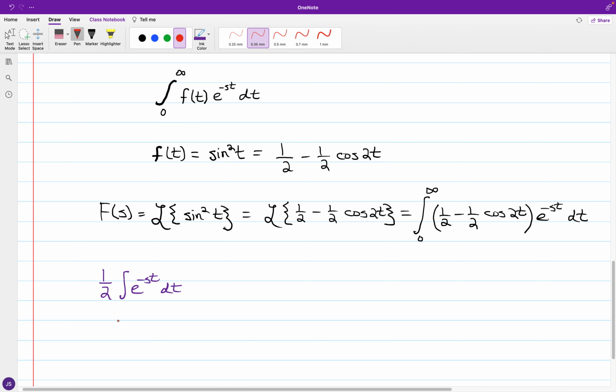If we apply u substitution just for the first term, we have that u is equal to negative st. Taking the differential, du is equal to negative s dt, and expressing dt in terms of du, dt is equal to the negative of du over s.